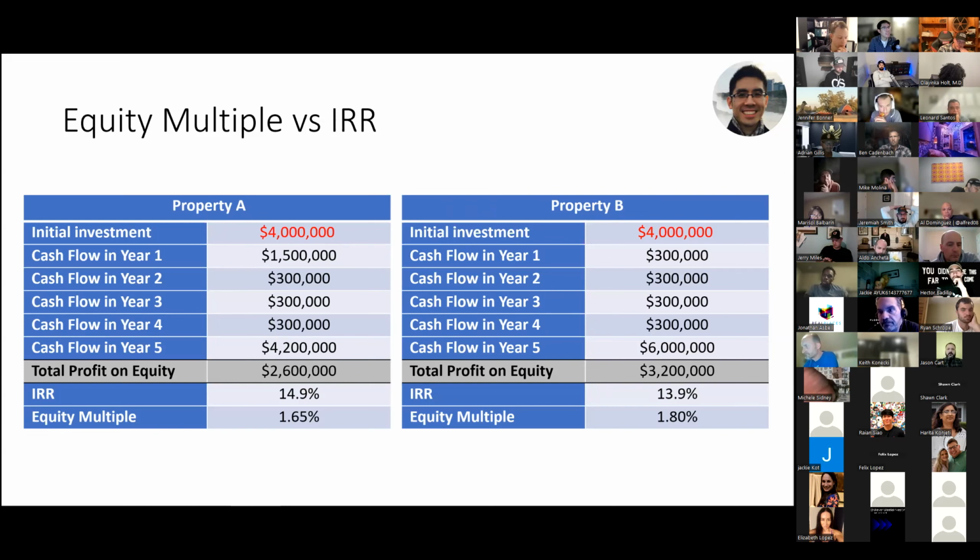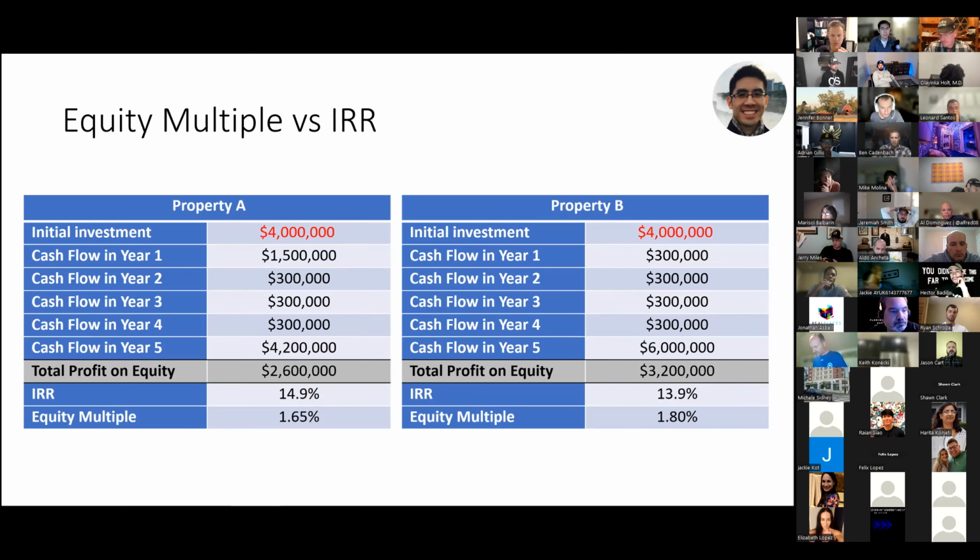In hindsight, if you knew that it's going to be a 5-year hold, property B would be a higher return. But as you go year on year, you don't know what returns are. So some investors would rather earn their distributions sooner and so they may choose to invest in property A, which has a slightly lower overall return, but those returns are earned earlier in the hold period.